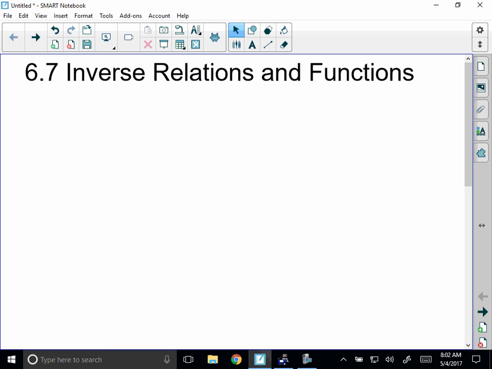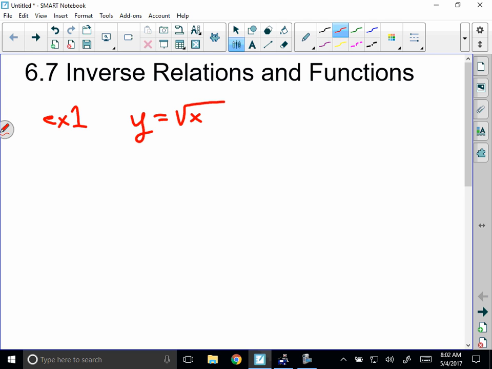So here we are, Algebra II, Chapter 6, Section 7, Inverse Things. It's relations and functions. There's a reason the word relations shows up, which hopefully you'll see in a minute. So I'd like to start off by looking at these two functions. Example 1, let's look at y equals the square root of x plus 1. Notice where that plus 1 is. That plus 1 is under the square root.